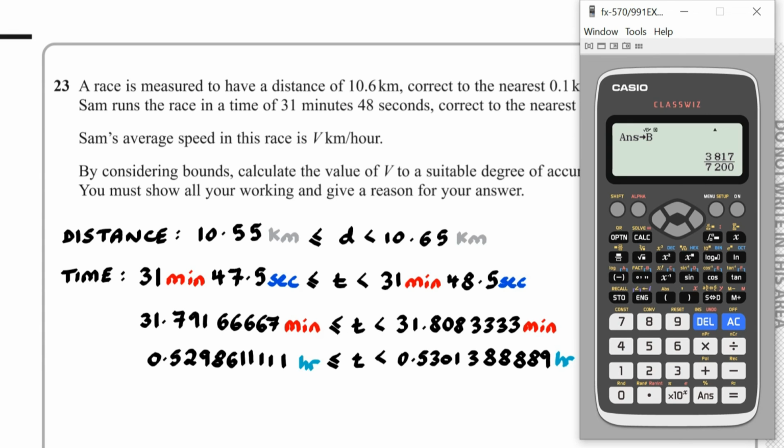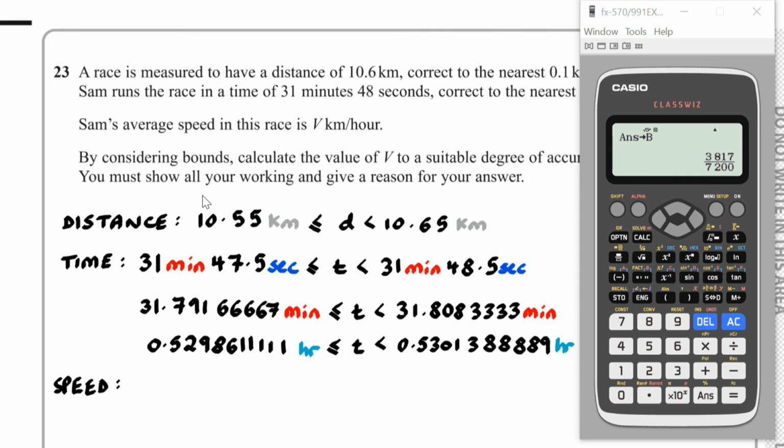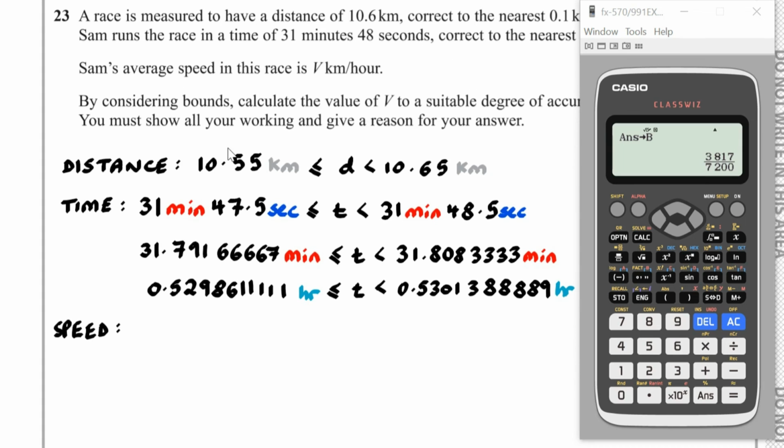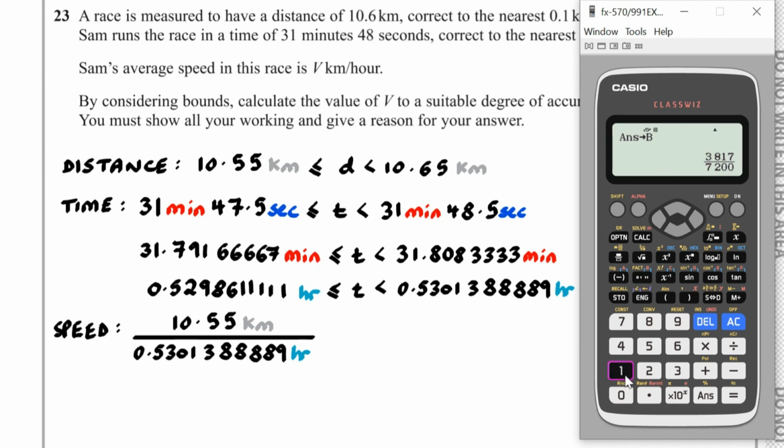Now, for us to work out the speed, well, to work out the lower bound of the speed, we've got the lower bound of the distance, and then what we're going to do is divide this by the upper bound of the time. So if I work this out, I've got 10.55 divided by B, which is this value here.